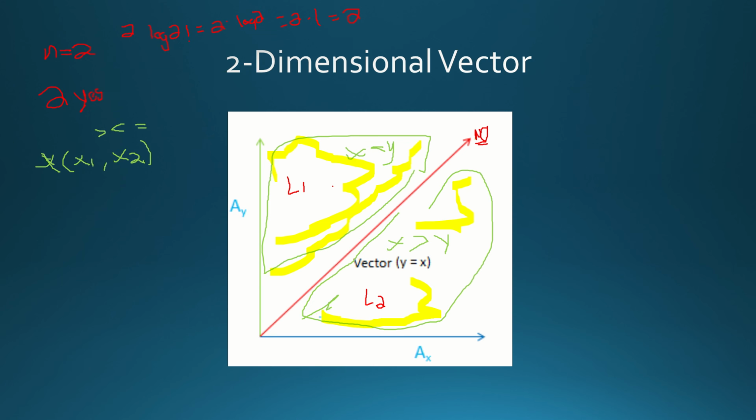If you remember on the two-dimensional vector, leaf 1 rests whenever x is less than y. Since they took the less than path, they will reach L1 as a result.